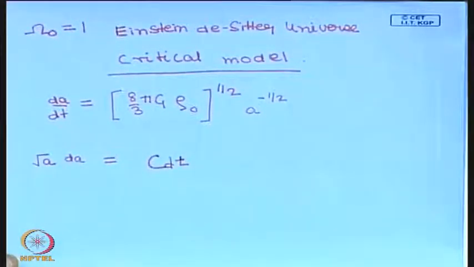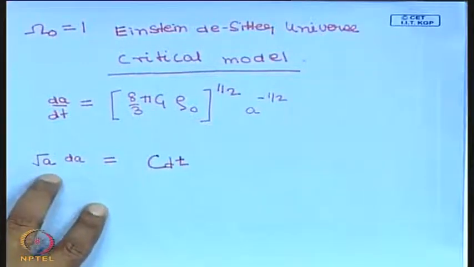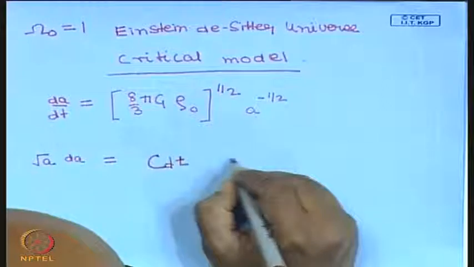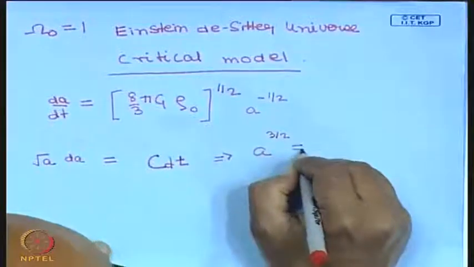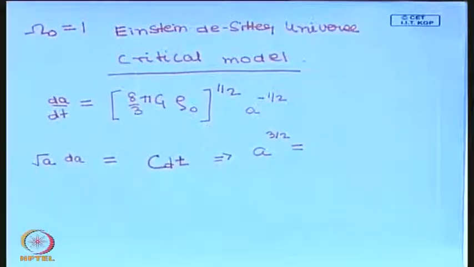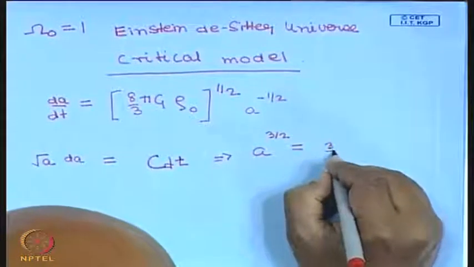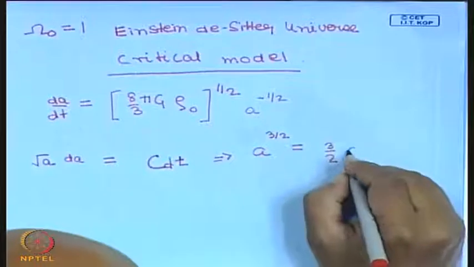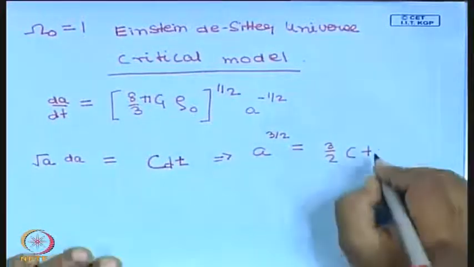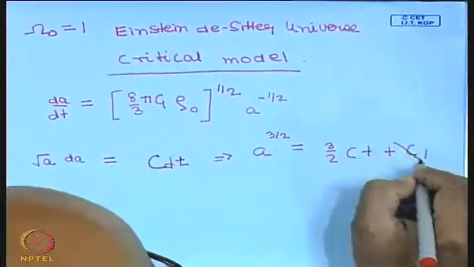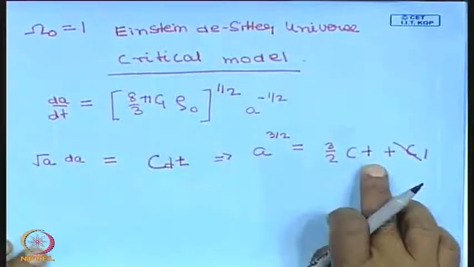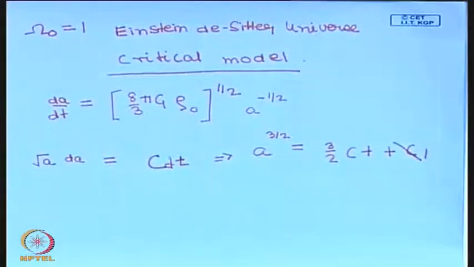If I integrate this equation, what we will get is a to the power 3/2 is equal to, so if I have a to the power 3/2 here, I will have 2/3, so I can take it onto the right hand side, and what I will get is 3/2 into this constant into t plus another constant of integration, which I will set equal to 0, because I would like the scale factor to vanish when t equals 0, not at some other instant of time.